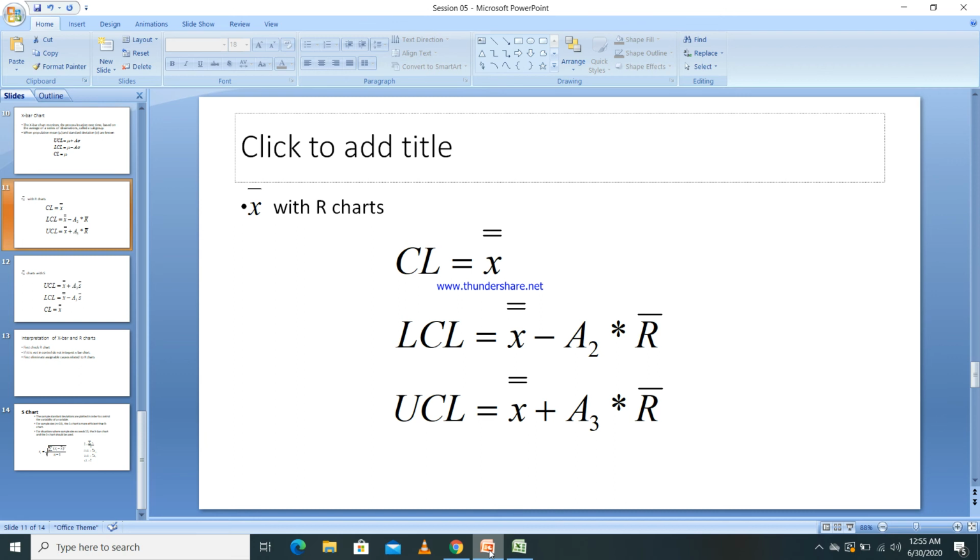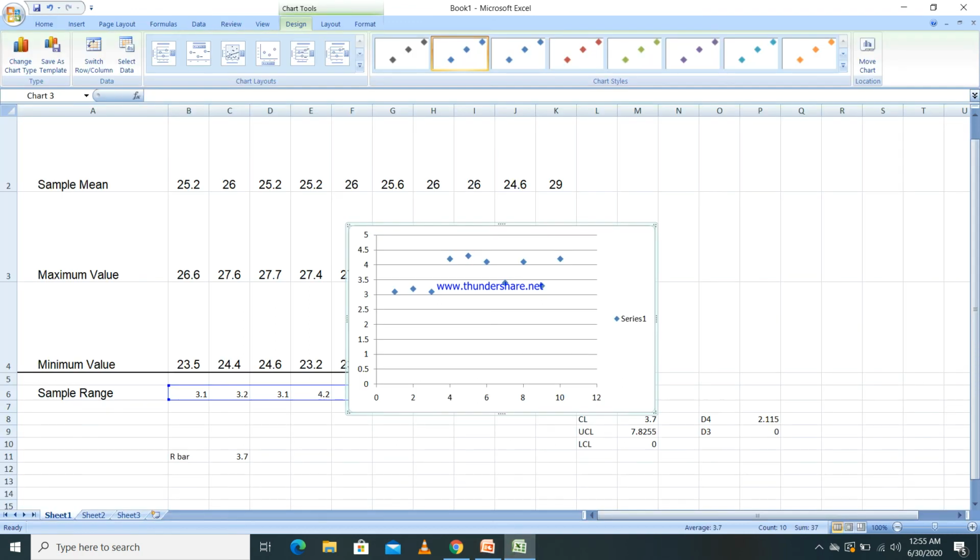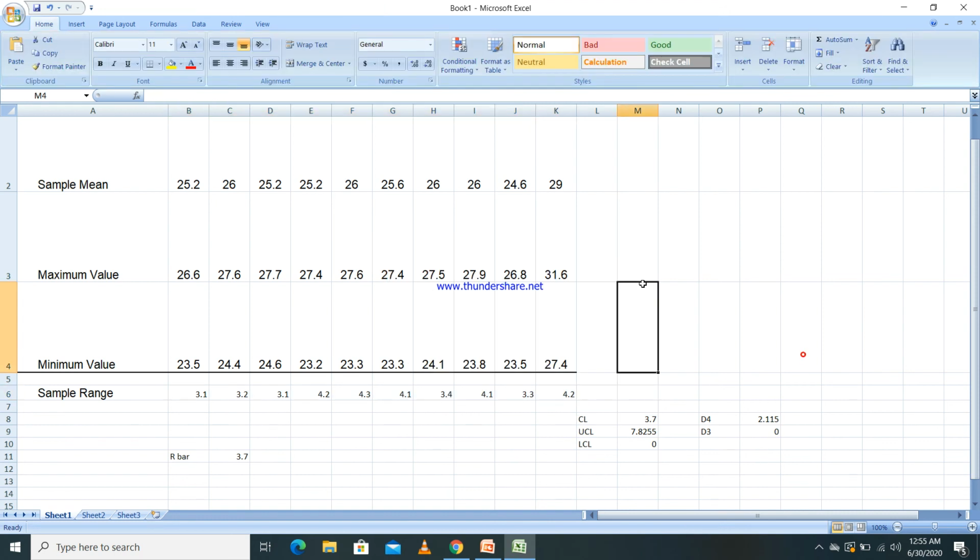So in that case, if you want to construct the X bar chart, there is another formula, that is for the central line you can take X double bar. X double bar means, when you look at your data set here, we have the sample mean values, mean of the first day, second day, likewise.